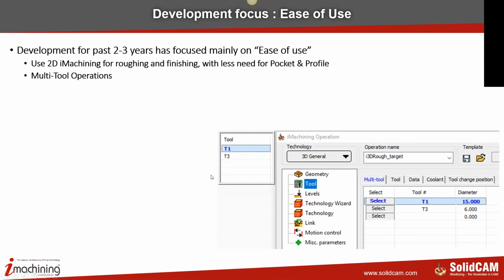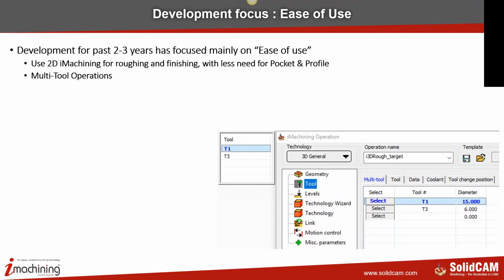So what has been our development focus for the past 2 to 3 years? Mostly it's been on ease of use. As everybody has seen, we've always had iRough, iRest, iFinish, but we've tried to enhance certain things to allow us to do more with 2D iMachining than in the past.